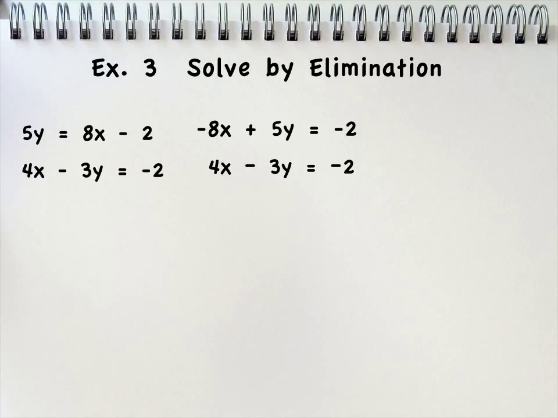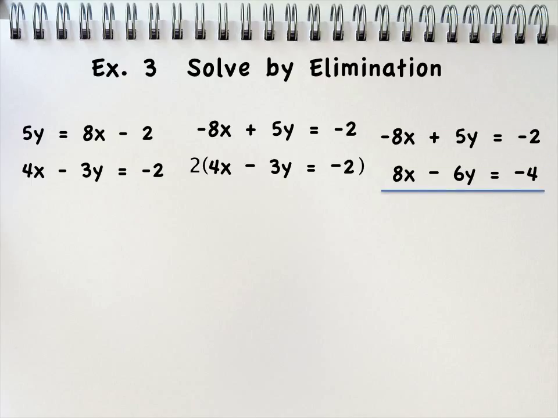But if I multiply that bottom equation by 2, my x coefficient would be 8. So -8x would eliminate with 8x if I were to add them together. So that's what I'm going to do. I'm going to multiply the bottom equation by 2 and rewrite my system. Always a good idea to rewrite the system of equations.